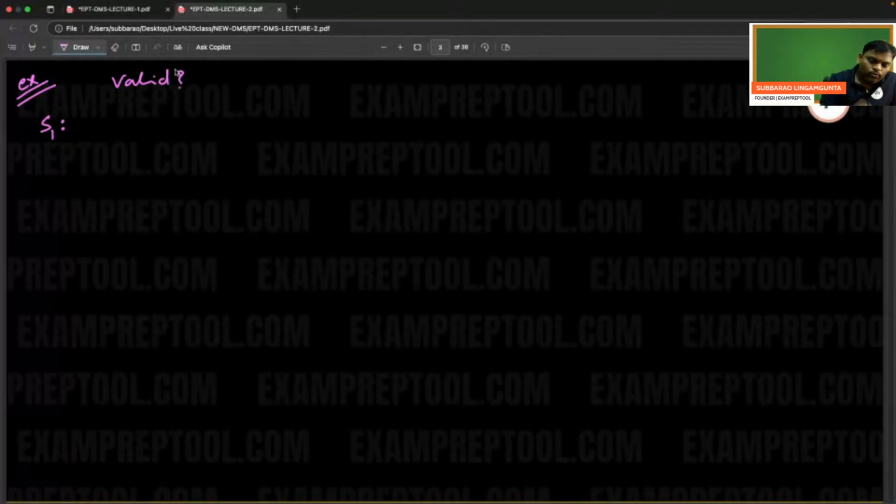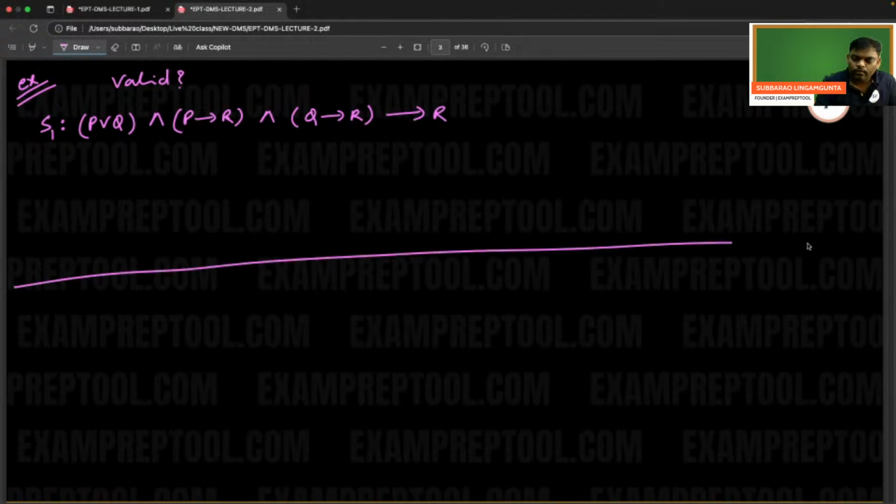Valid or not to prove. See the first one, S1. P R Q end operation, Q R R implication R. This is the S1 statement. So S2.